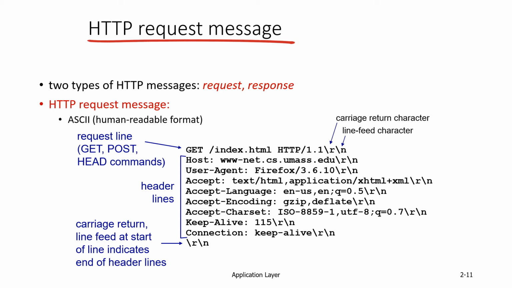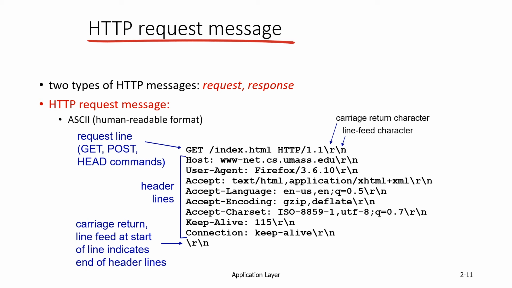So GET index.html is basically going to retrieve the index.html or the default landing page, and then you have HTTP, which means we are using the HTTP application layer protocol, and 1.1 is the version number of HTTP. \r is a carriage return and \n is the line feed character for the new line. So we send out a request to get this particular HTML using HTTP version 1.1.